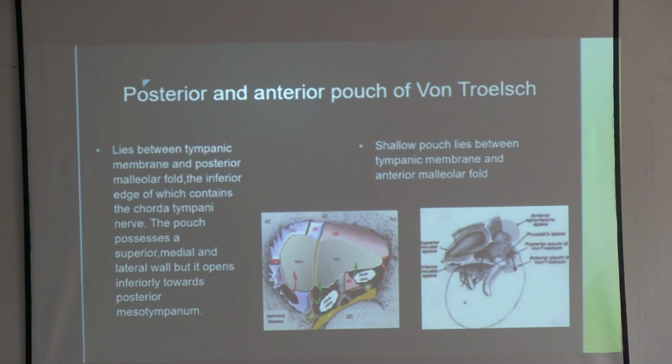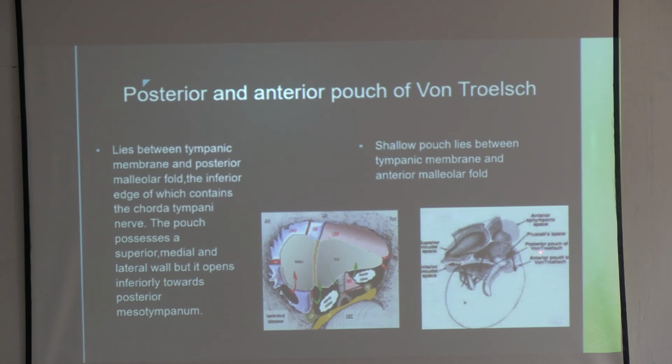Now posterior and anterior pouch of von Troeltsch. This is the pouch that lies between the tympanic membrane and the posterior malleolar fold, and the inferior edge of which contains the chorda tympani nerve.